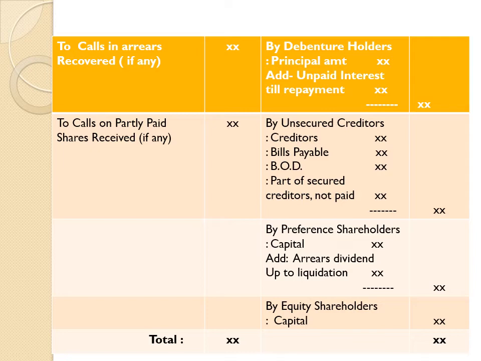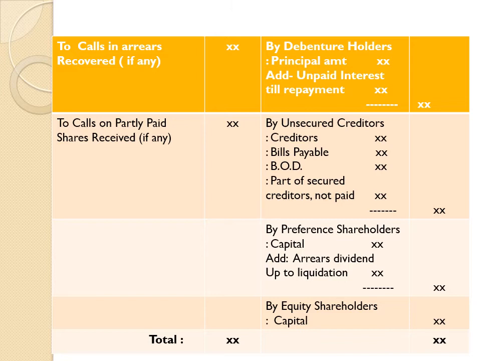Then unsecured creditors. It includes creditors, bills payable, bank overdraft, outstanding expenses, and the part of secured creditors not paid, the total of which is recorded on the payment side as unsecured creditors.